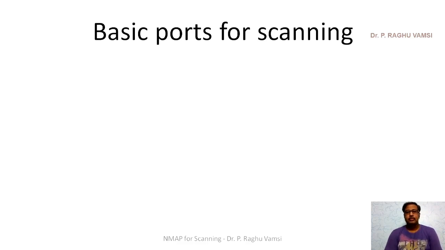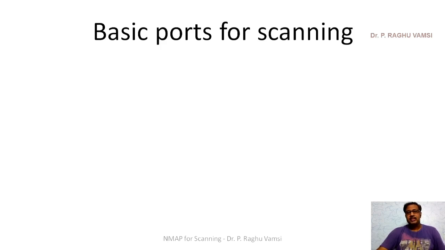In this video, we will see the implementation of the network scanning that we have discussed in the last video. This network scanning I am going to explain with a popular tool called NMAP, which is also called Network Mapper.